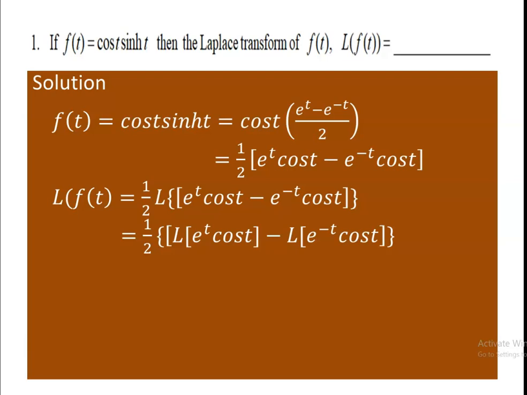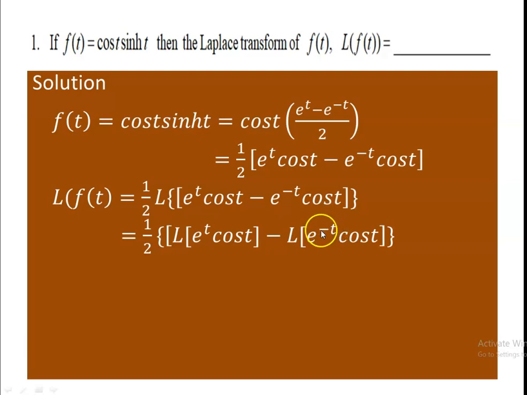We know that the Laplace of cos t is s over s squared plus 1, but here we have 1 as the coefficient of t. So using the shifting property, in place of s in this Laplace transform for cos t, we put s minus 1. Here the coefficient of t is negative 1, so in place of s in this Laplace transform of cos t, which is s over s squared plus 1, we need to put s plus 1.